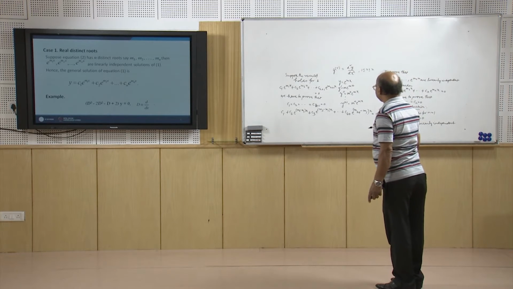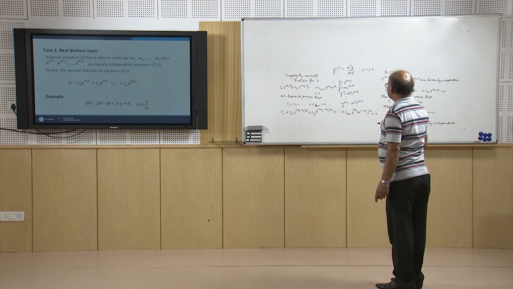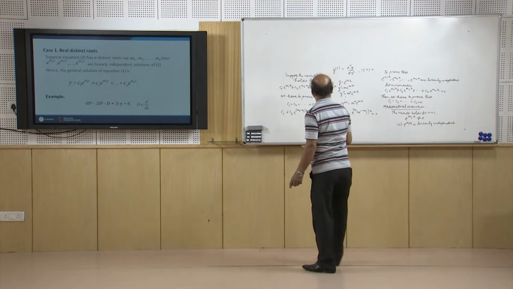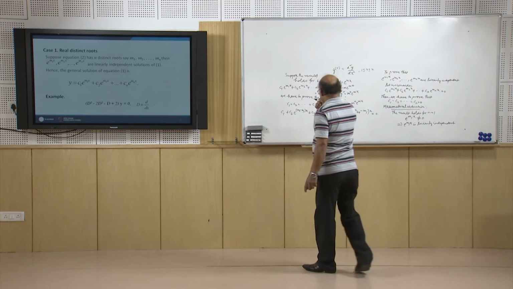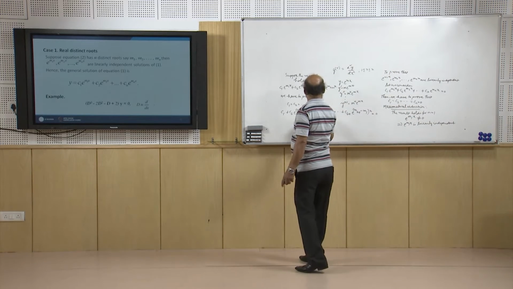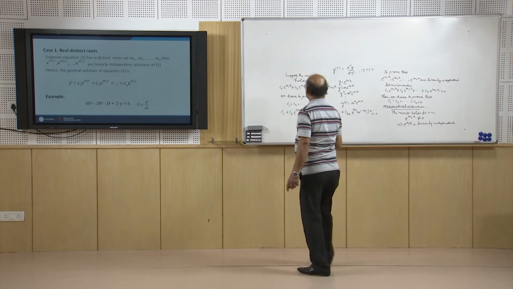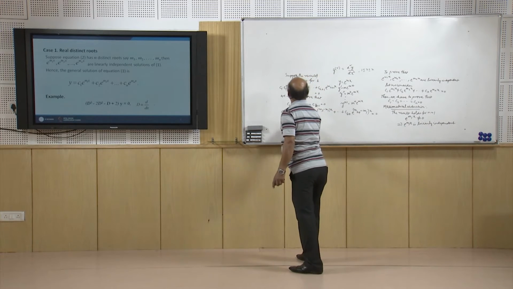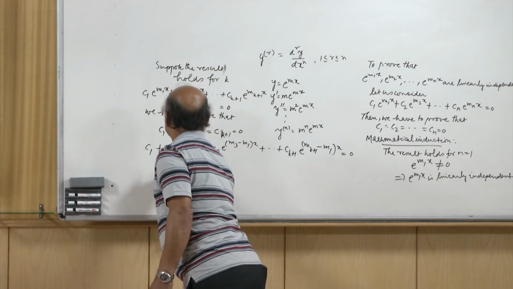Now, the result holds for C1, C2, up to Ck plus 1, so whenever the k functions are equal to 0, we can differentiate this with respect to x. Let us differentiate this with respect to x.